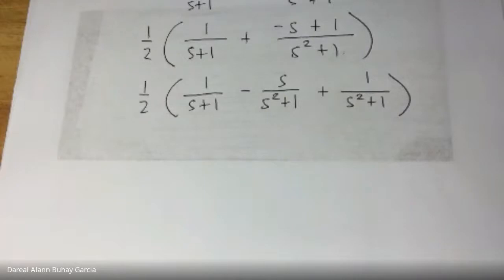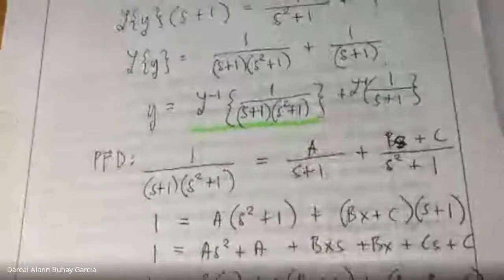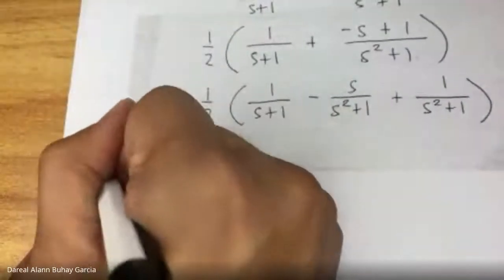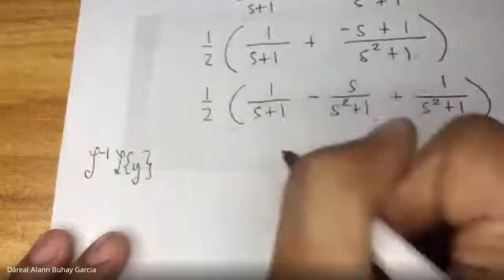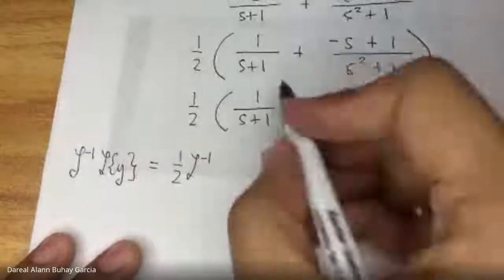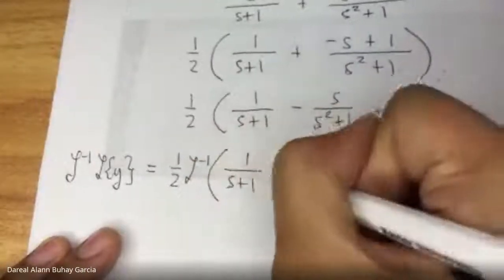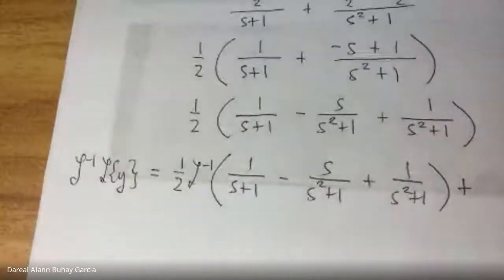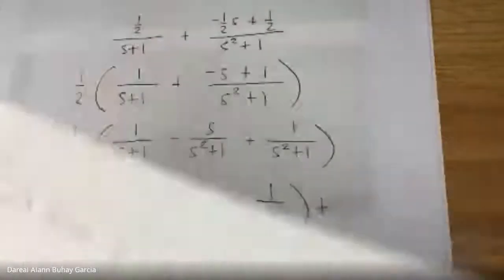So go back to our original given. Where was it? Here, this one. The part underlined in green comes first. So y, let me just fix this: the inverse Laplace of the Laplace of y is equal to 1/2 inverse Laplace of each of these, plus the earlier one, inverse Laplace of 1 over s plus 1.